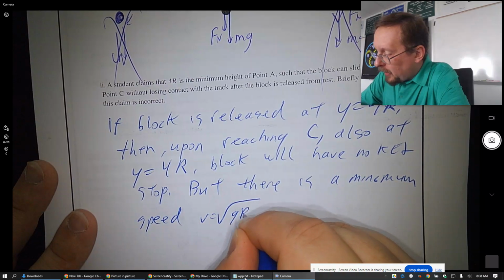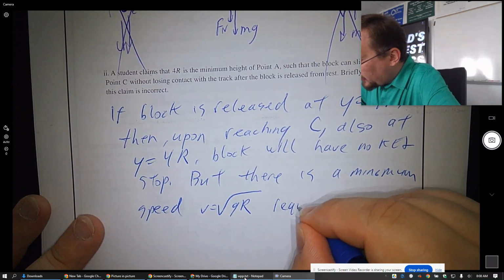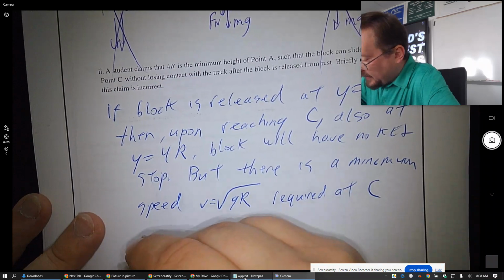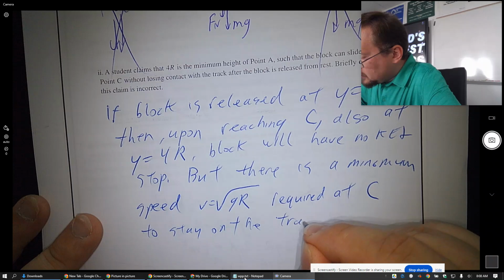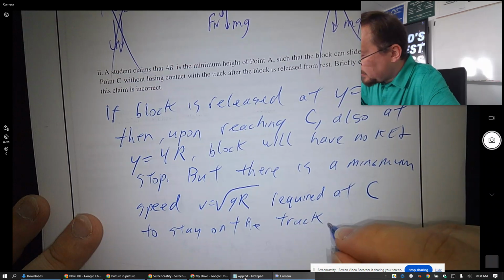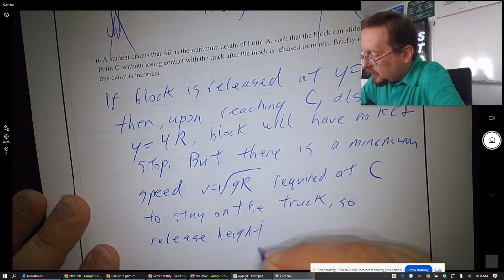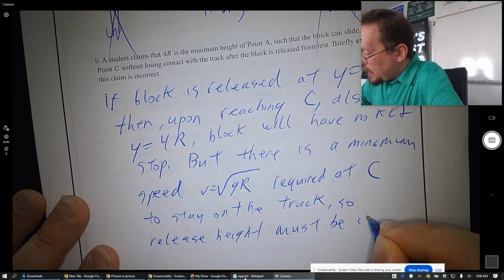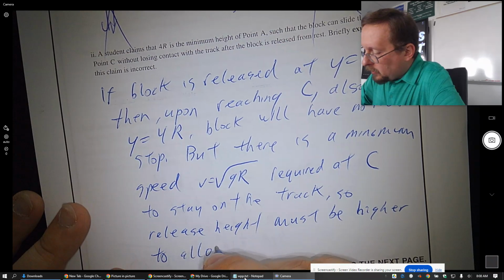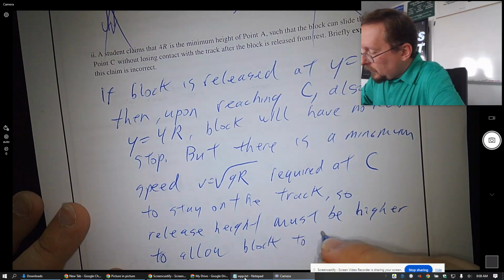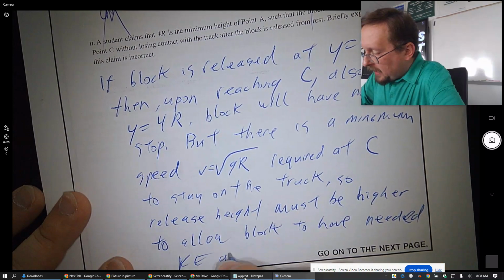I happen to have it memorized: v equals radical gR. You can get that from circular motion. It's required at point C to stay in contact with the track. So the release height must be higher to allow the block to have the needed kinetic energy at point C.